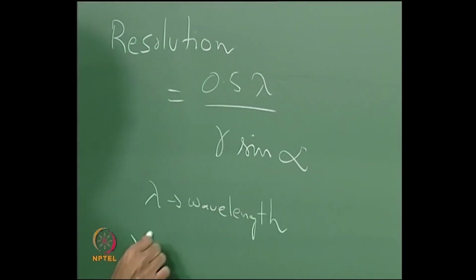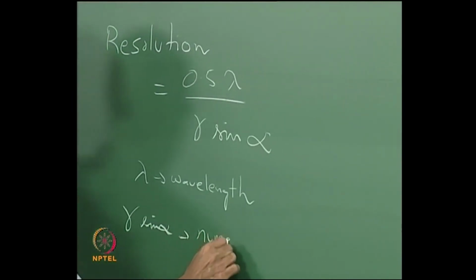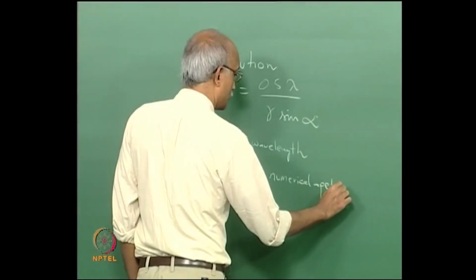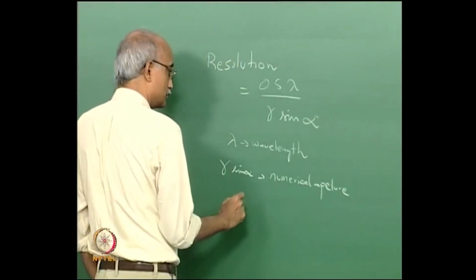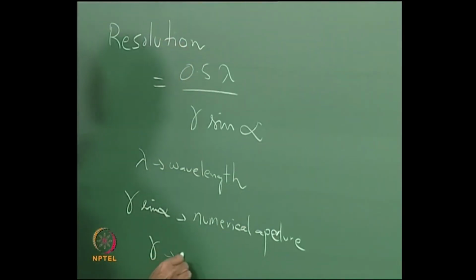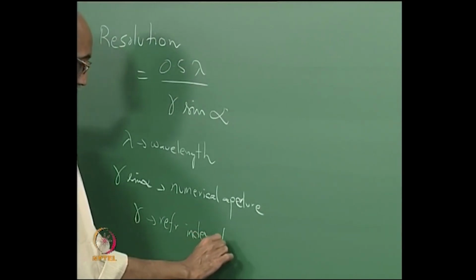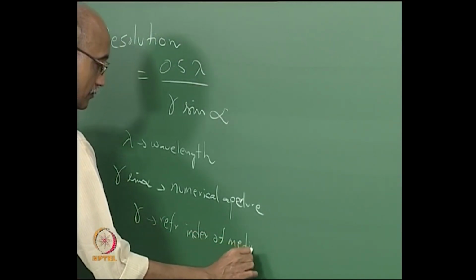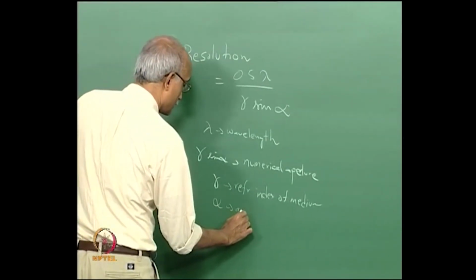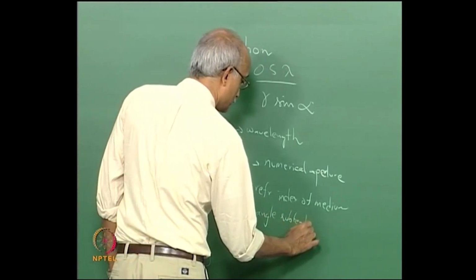The denominator gamma sin alpha is termed the numerical aperture, and gamma is the refractive index of the medium, and alpha is the angle subtended at the lens.